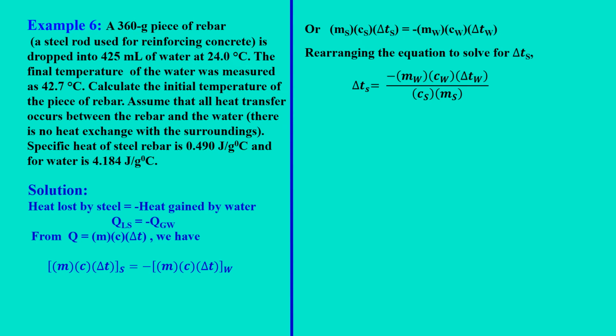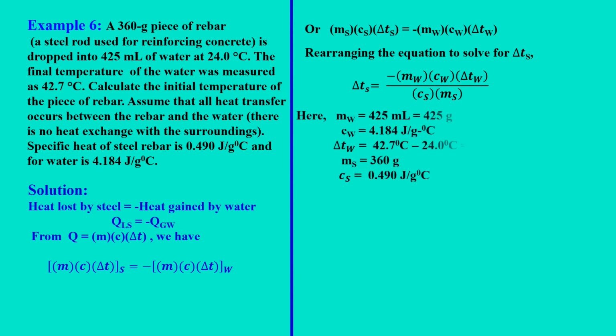Distributing the subscript S to each term in the parentheses on the left side and the subscript W to each term in the parentheses on the right side, rearranging the equation to solve for delta T sub S, we have delta T sub S equals minus M sub W times C sub W times delta T sub W divided by C sub S divided by M sub S.